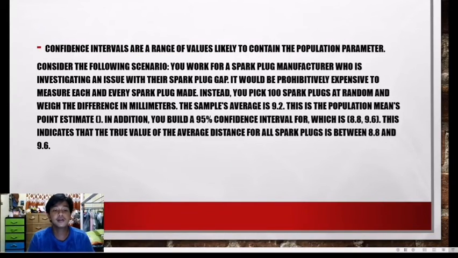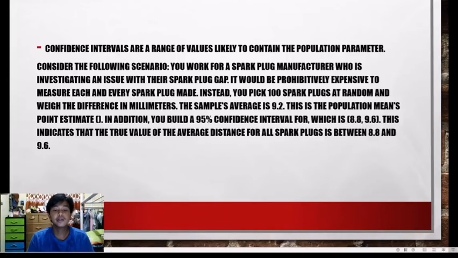Confidence intervals are a range of values likely to contain the population parameter. Consider the following scenario. You work for a spark plug manufacturer who is investigating an issue with their spark plug gap. It would be prohibitively expensive to measure each and every spark plug made. Instead, you pick 100 spark plugs at random and measure the gap in millimeters.